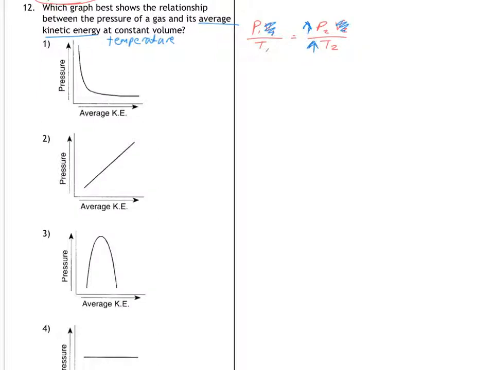So that means that there's a direct relationship between pressure and temperature. And any increase in temperature that you would see over the course of the change would be accompanied by a proportional increase in pressure. So the only graph that shows this direct relationship correctly is choice 2.